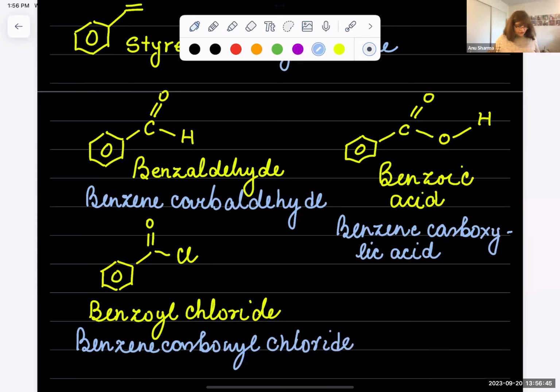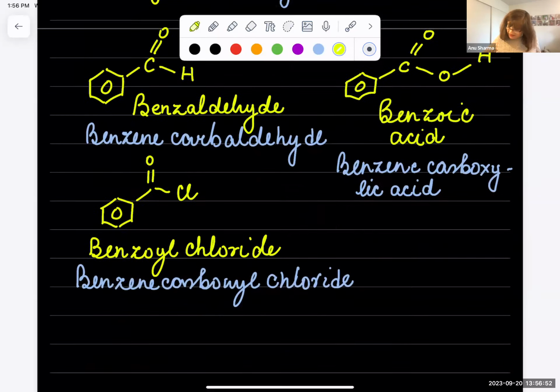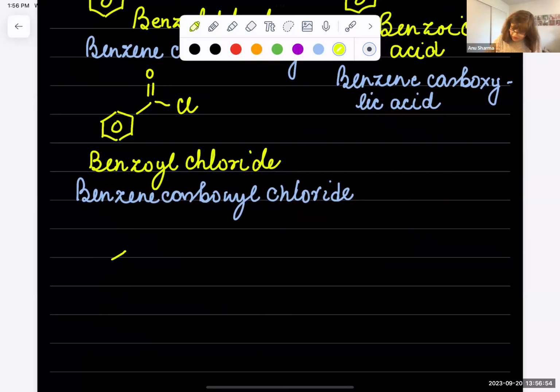See, in organic chemistry, you should just do it and not just see. It's not just seeing. When you do it, you understand the connectivity and you understand the formulas. You can write the formula. You have to write it, okay? So here is this oxygen, carbon, and then oxygen, and then here. So this is the ester. Remember the ester group.